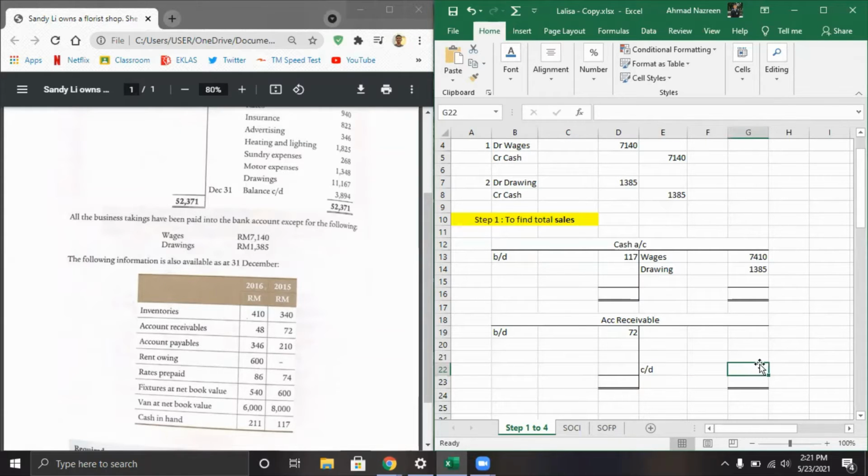For the cash in hand, we have to total up both sides, taking the highest amount. At the bottom of the b/d, we have to put the cash sales with amount 8619.